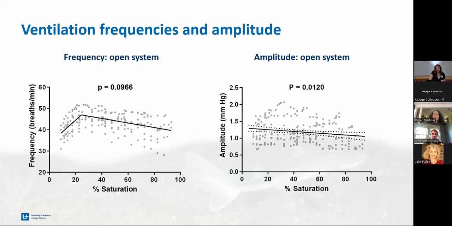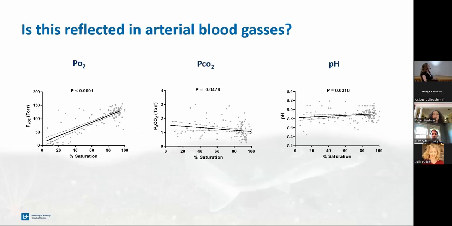So what is the effect inside the shark? Since we could take blood samples, we looked at oxygen levels in the blood. And here you see oxygen pressure in the arterial blood. And also here you don't really see a critical point, you see quite a linear decrease in oxygen level with the decreasing water oxygen content.